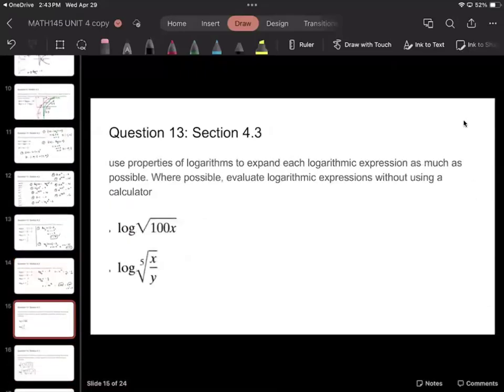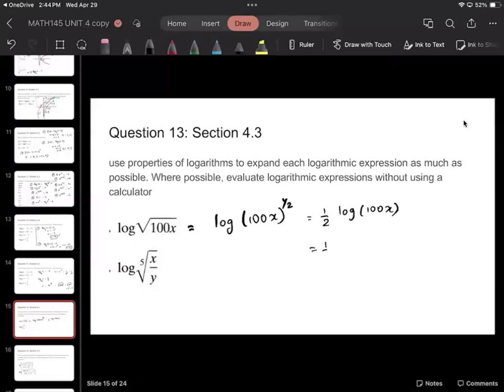All right. Use properties of logarithms to expand each logarithmic expression as much as possible. Where possible, evaluate without using a calculator. Okay, so when you expand this, the first thing I will do here would be to rewrite this as a power. Then, using the power rule, the power can become a coefficient.